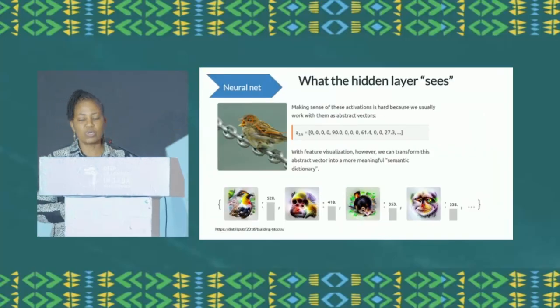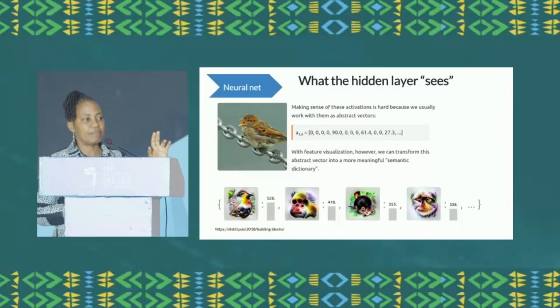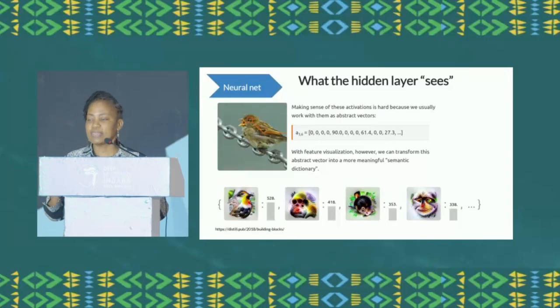I also acknowledge the work of Chris Olah when he was at Google Brain on visualization of the hidden layers. We understand that the power of convolutional neural networks is in the hidden layers, and the activation functions provide the different representations of the input image.